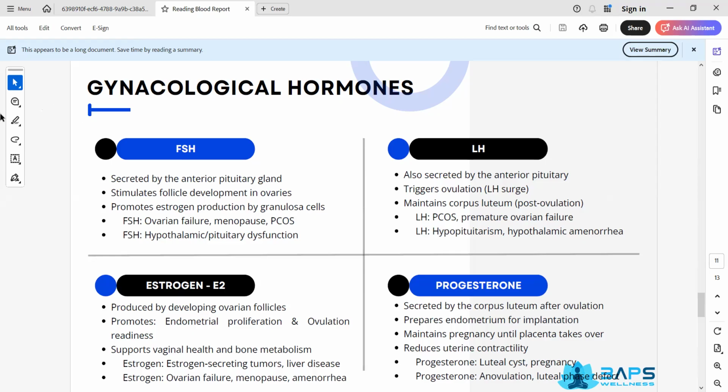So if you see the structure of the ovaries, this is the life cycle of a follicle. Initially, it is called the primordial follicle.